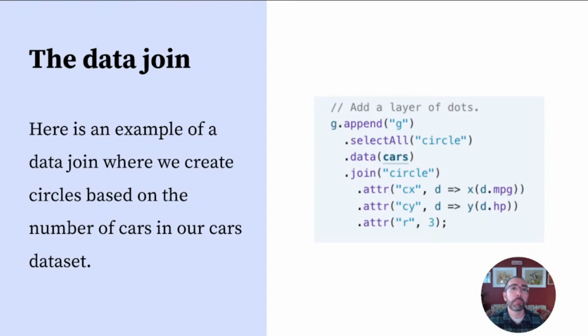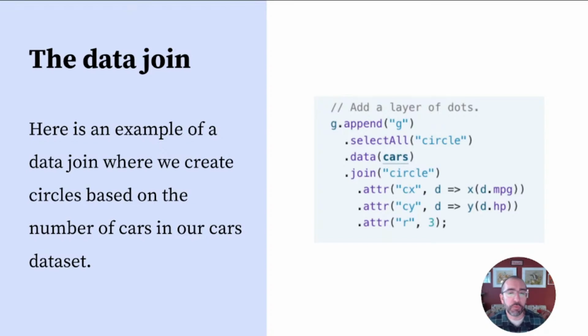We're then going to compare it to our data, which is here just this cars data set. And then we're going to handle it. So we're going to then use join, which is going to figure out for us whether it should be an enter, an update, or an exit. Here, given that we know there's no circles on the page, it's going to be an enter. And then we tell it how to style those circles, where to position them, what the radius should be, and all of that.